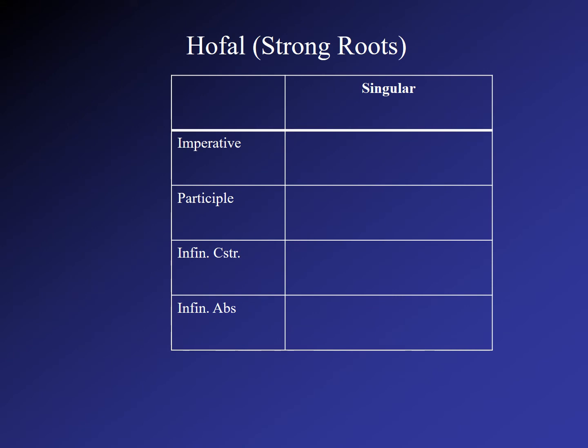Finally, we can look at a couple of other forms of the Hofal. The imperative form never appears in biblical Hebrew. So we could guess what it would be based on the prefix, which is Yofkad. You could assume that it would be Hofkad, but it never occurs, and so we don't need to learn it. The participle occurs in two forms, Mofkad and Mufkad. Just like the other participles that we've learned, other than the qal, it's marked by an initial mem, and otherwise it looks pretty much like the prefix.